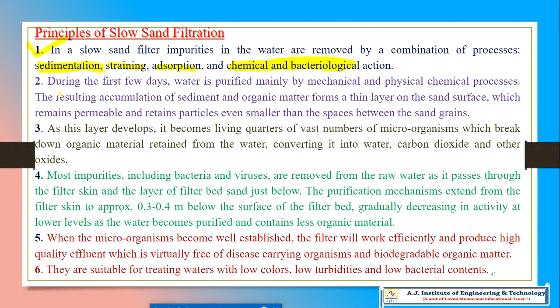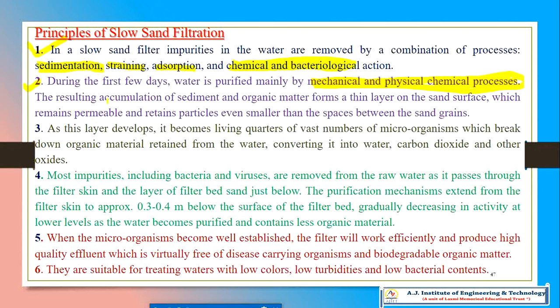The second principle: during the first few days, the water is purified mainly by mechanical and physical chemical processes, with no biological action yet.